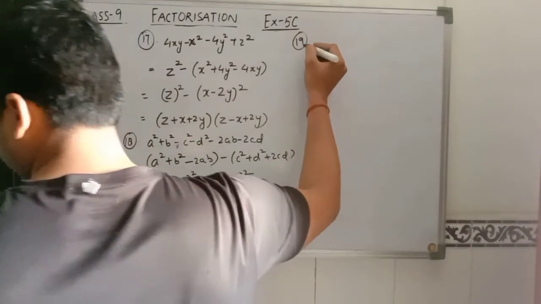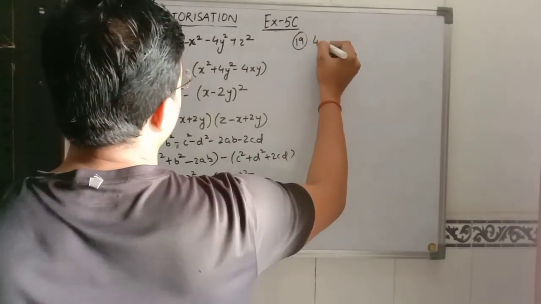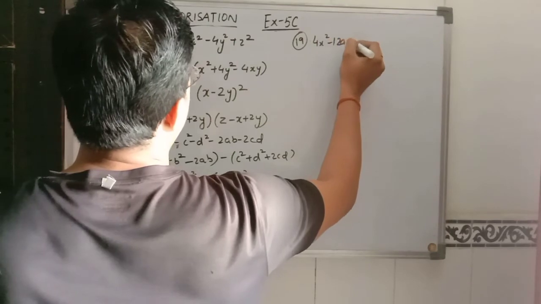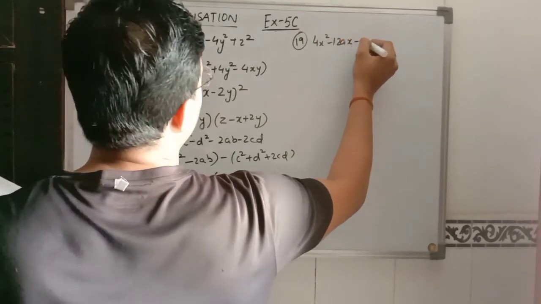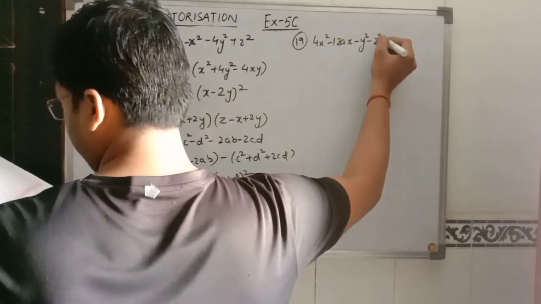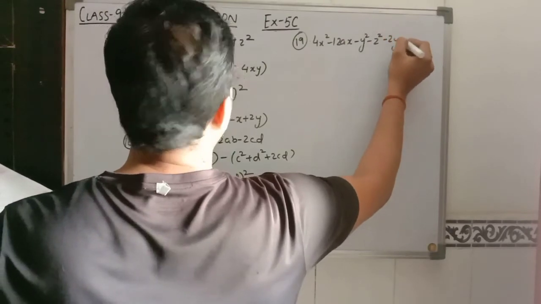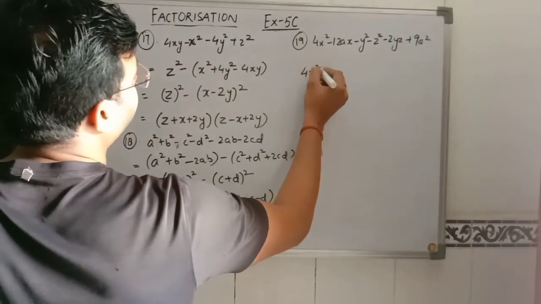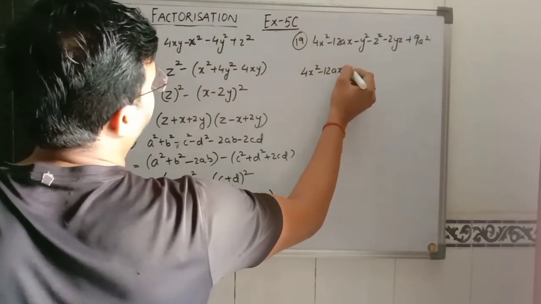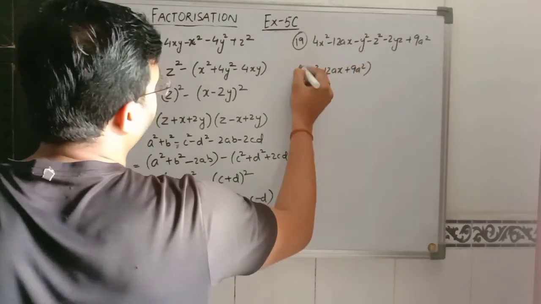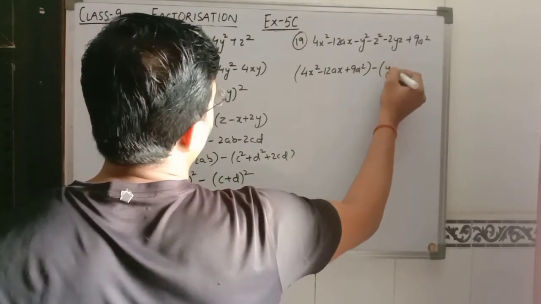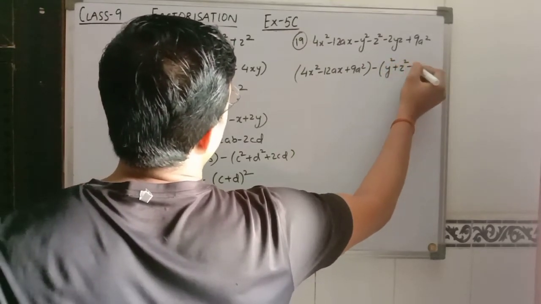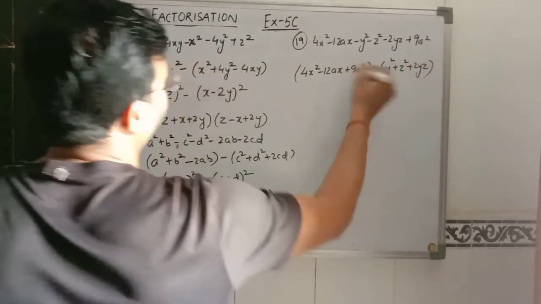Now coming to question number 19. It is 4x square minus 12ax minus y square minus z square minus 2yz plus 9a square. So in this, 4x square minus 12ax and plus 9a square, these terms we will group together, and after taking minus common, y square plus z square plus 2yz in one bracket.